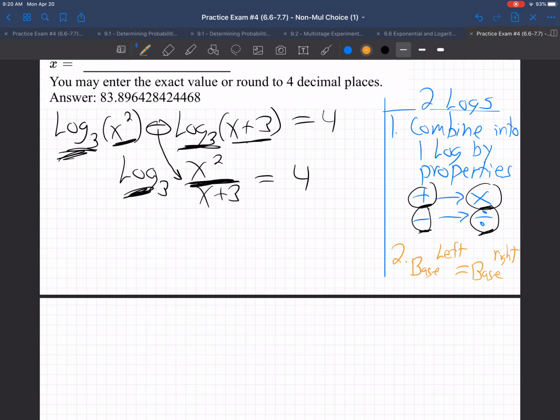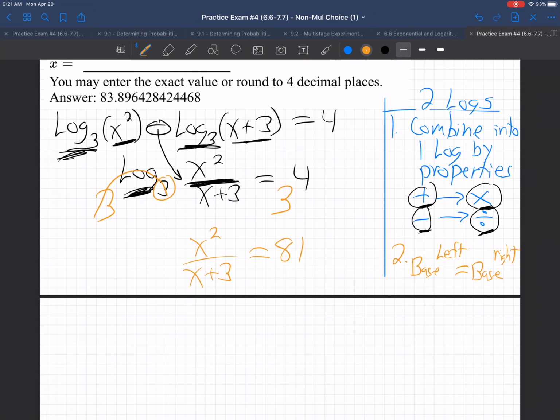Remember, when we have logs, we always do powers at some point, because powers and logs are the opposites of each other. So what's the base? The base is right here, 3. So I'm going to go 3 to this side and 3 to that side. And then these cancel each other out because logs and powers are the opposites. What does that leave us? X squared over x plus 3 is 3 to the 4th. Use your calculator. It's 9 times 9, because it's 3 squared times 3 squared, 81.